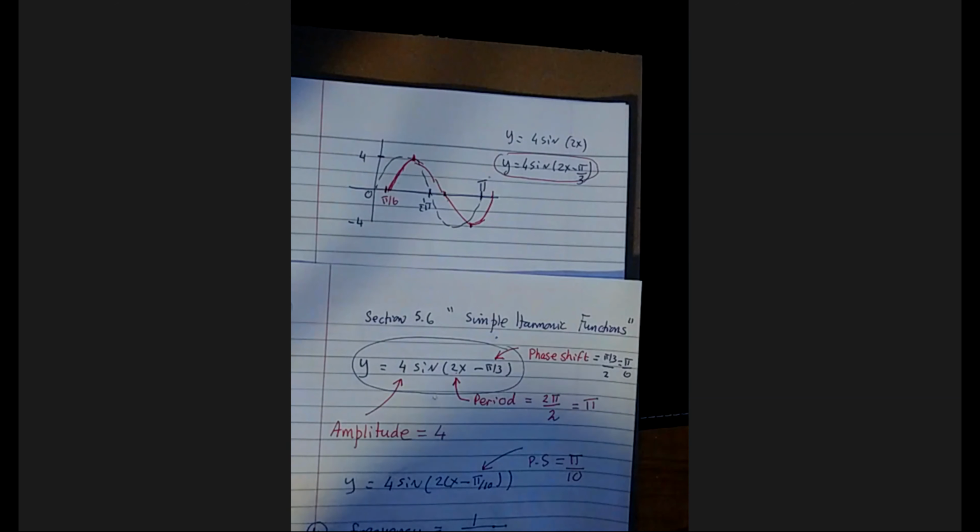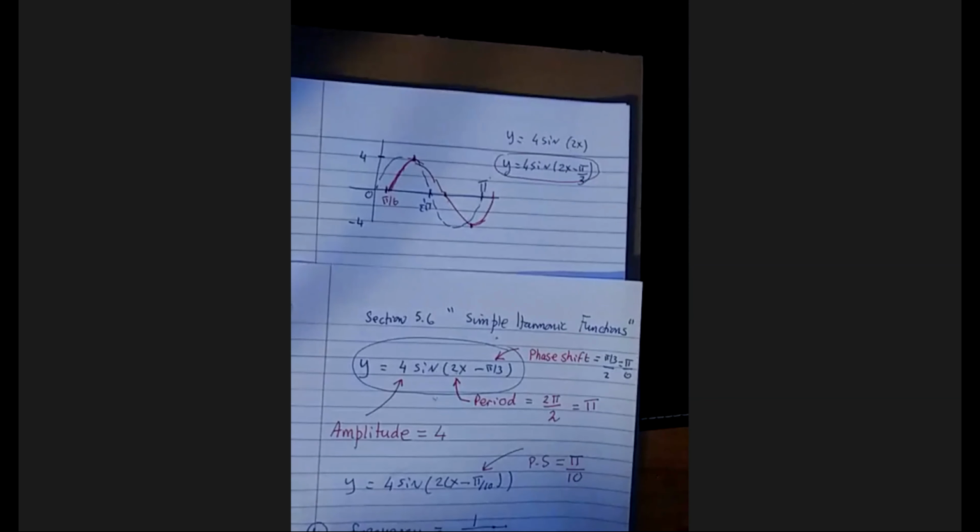It may have everything right, but they got the amplitude wrong. It went up to 1 and down to -1. Or they may have got everything else right, but the period was 2 pi instead of pi. Or the phase shift was not pi upon 6 moving to the right, but maybe they'll move it to the left pi upon 6. So if you scan through them, you can quite quickly tell what it is.